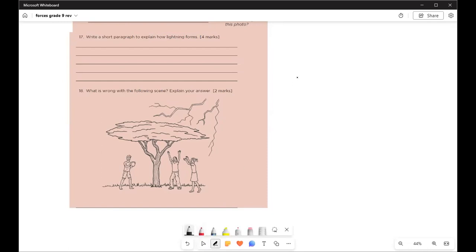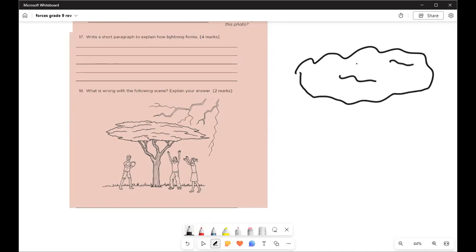Let's say this is your cloud. Electrons are heavier than protons, so electrons are going to be here. They are going to go to the bottom because they are heavier than positive charges. And then protons are going to go up. They are going to float up like that, right?